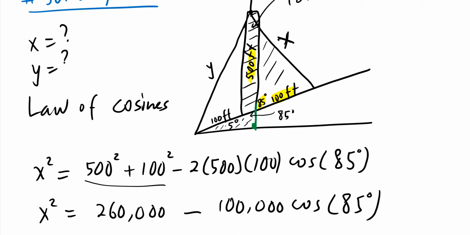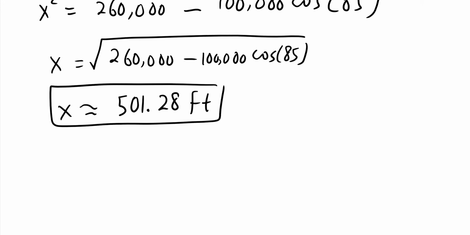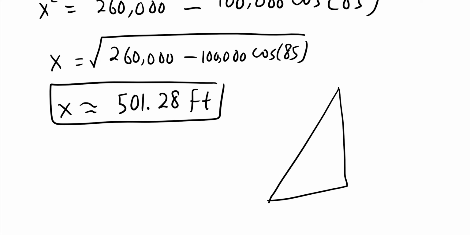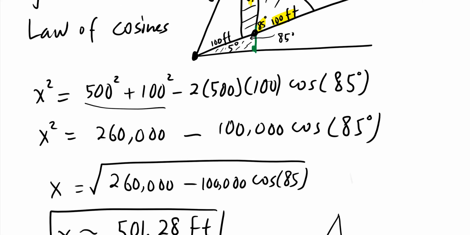Now I need to find the length of the other wire. So for the other wire, I'm going to take this triangle. Let me redraw the triangle down here. So we have the triangle like this. This is 500 feet. I'm looking for Y. This is 100 feet. If I want to find this, I need the included angle.